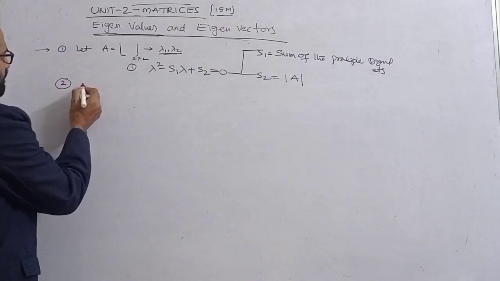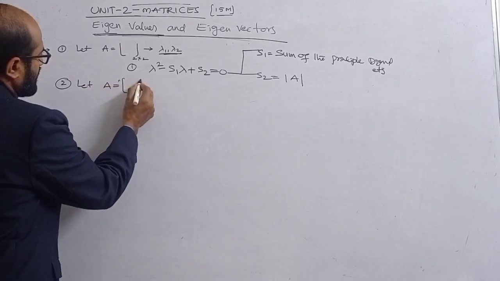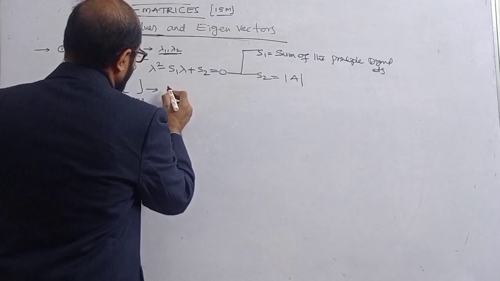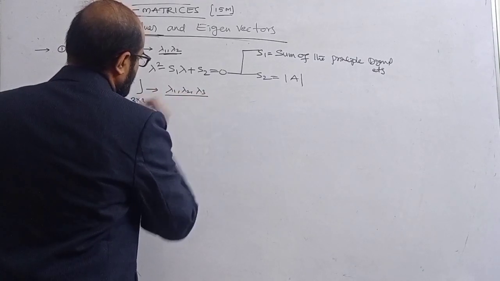Next, second formula. Let A be a square matrix of order 3 by 3. Then you will get 3 eigenvalues, lambda 1, lambda 2, lambda 3.